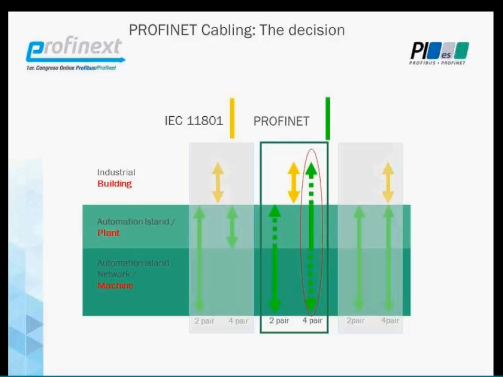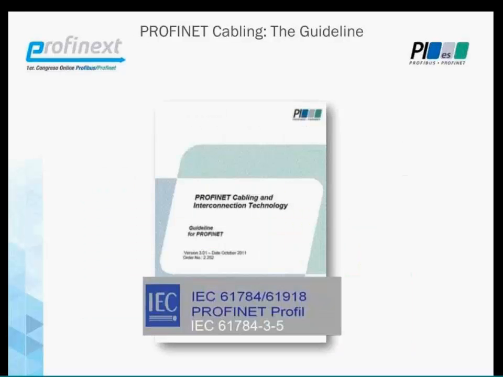For Profinet, we have decided to realize a 4-pair cabling solution which you can use for both the industrial building side and the automation side, even if you have a network inside a machine, but also for the plant side. Our Profinet cabling is a convergent, uniform cabling for all applications.